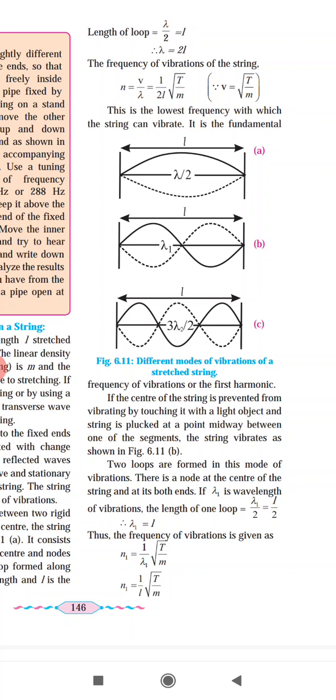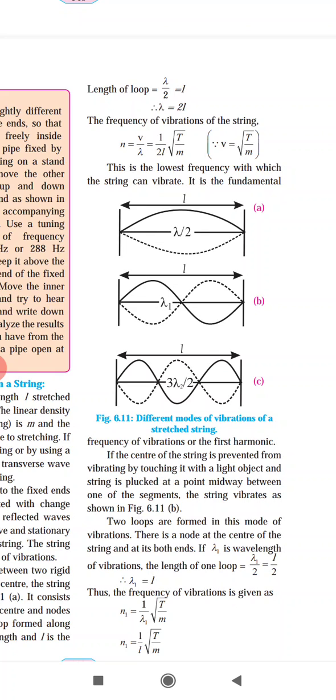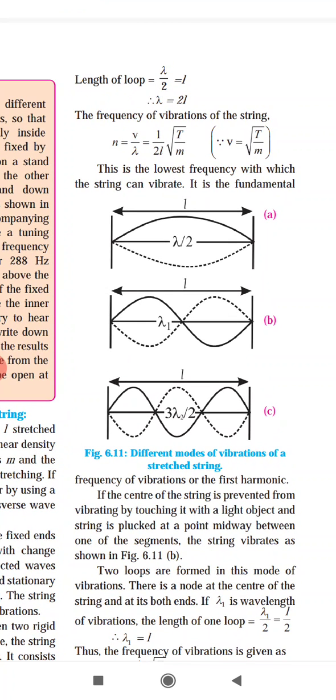If lambda is the wavelength and L is the length of the string, the length of the loop is lambda by 2, because one complete loop is lambda, so its half will be lambda by 2, which is equal to L. So lambda is equal to 2L.